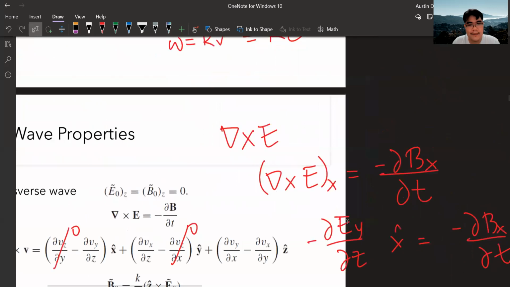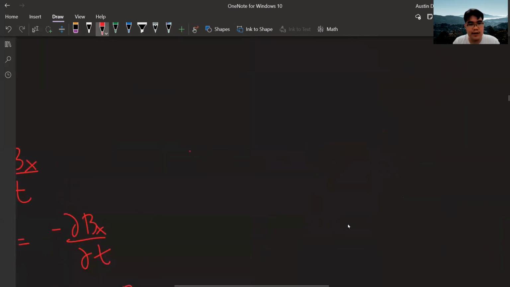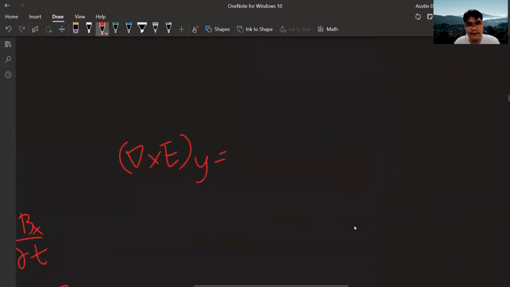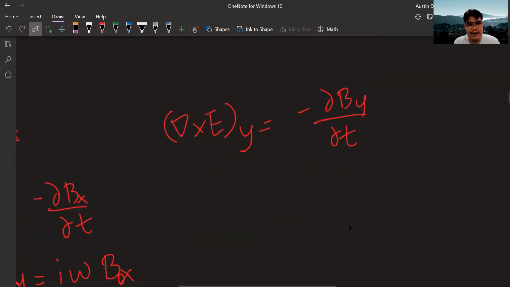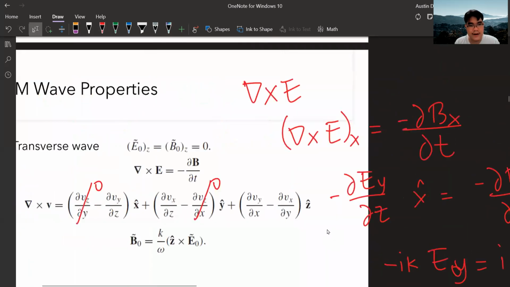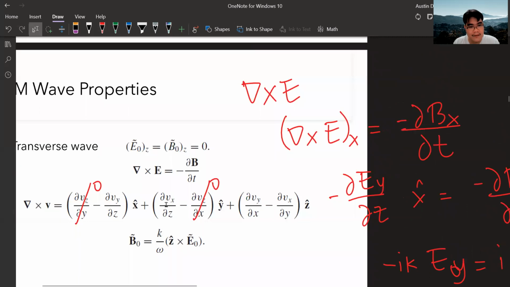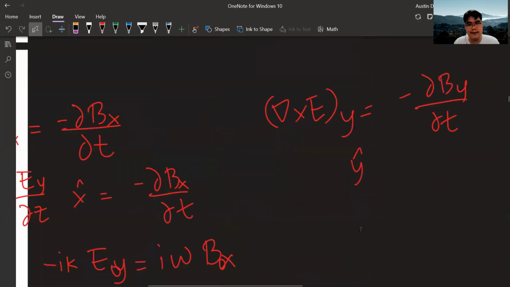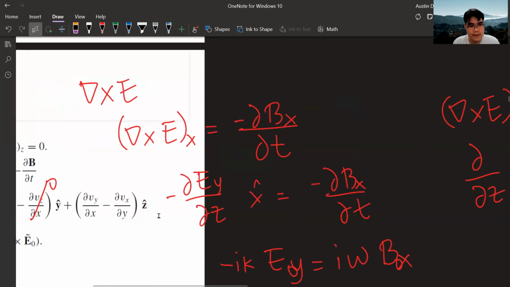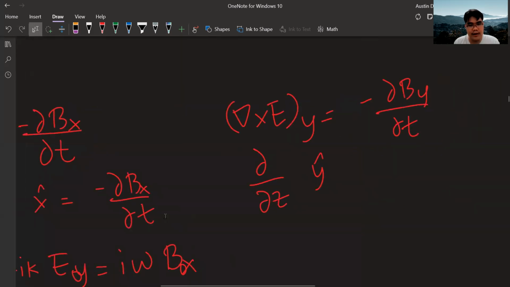Itong y hat. Del cross E, y naman yung kukunin natin. Then, partial By partial t. So, this is y hat. And then, what's left there is I have to get the derivative of E with respect to z. Derivative with respect to z, Ex.